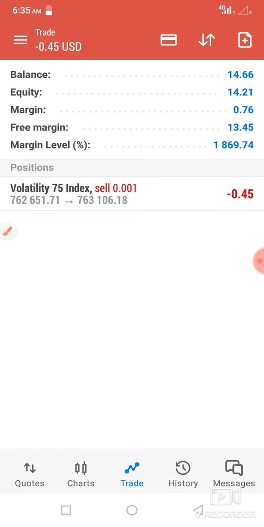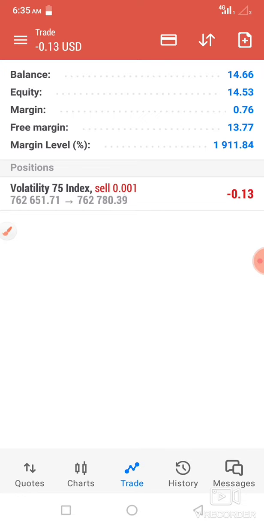Someone can keep this account in negative and it can go to $14. But I'm not able to keep this trade in blue until it reaches $14. After a few cents, I can close the trade. But when it is negative, I can leave the trade. That is poor risk or loss management.